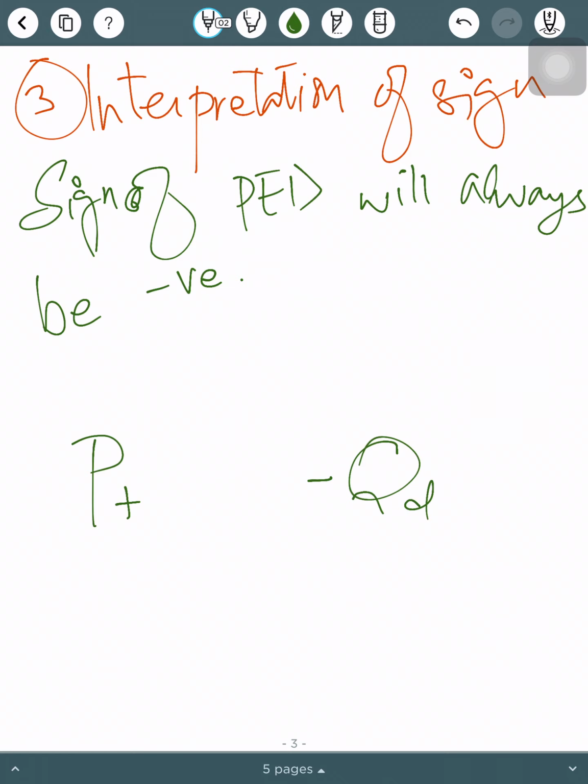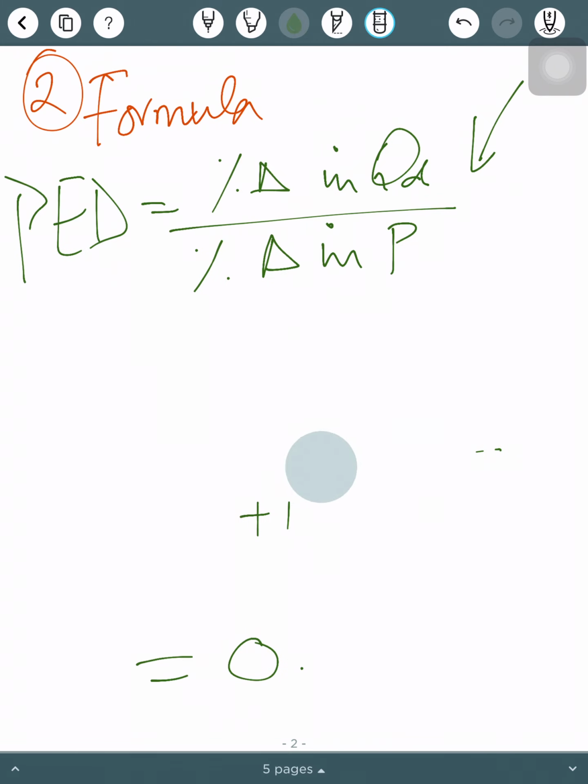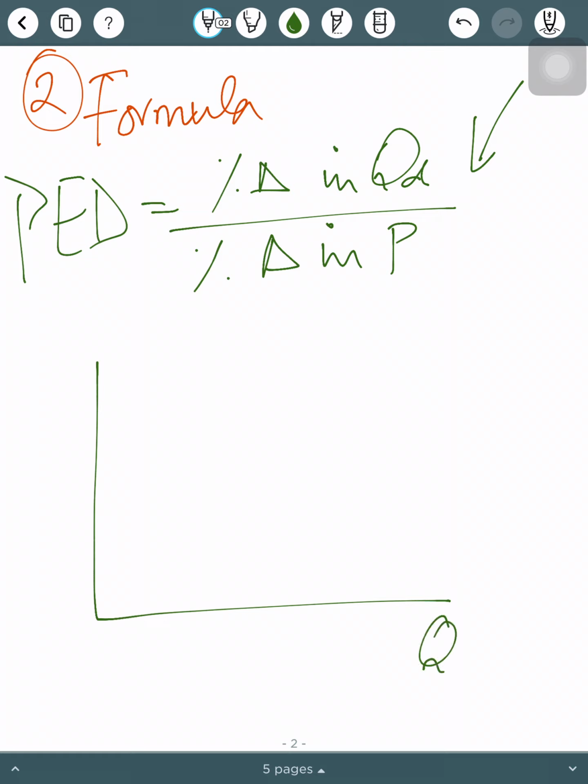Also, let's look at the graph for this one. For perfectly inelastic demand, the graph would be something like this. We take quantity on the x-axis, we take price on the y-axis for all diagrams of demand and supply.